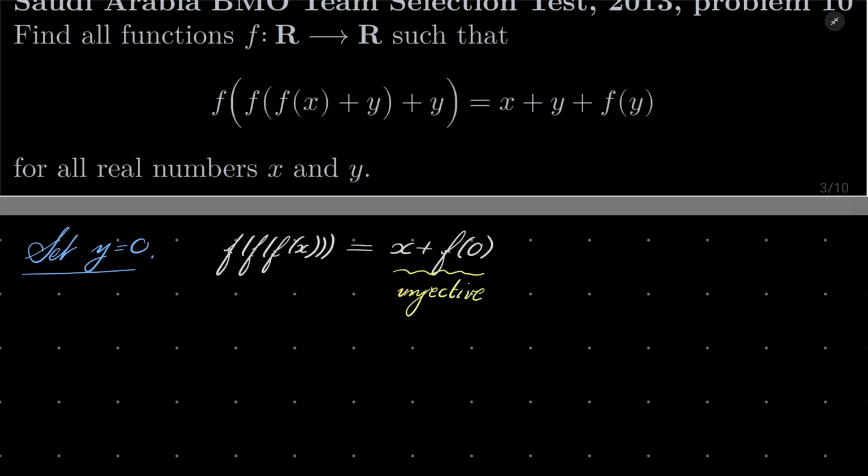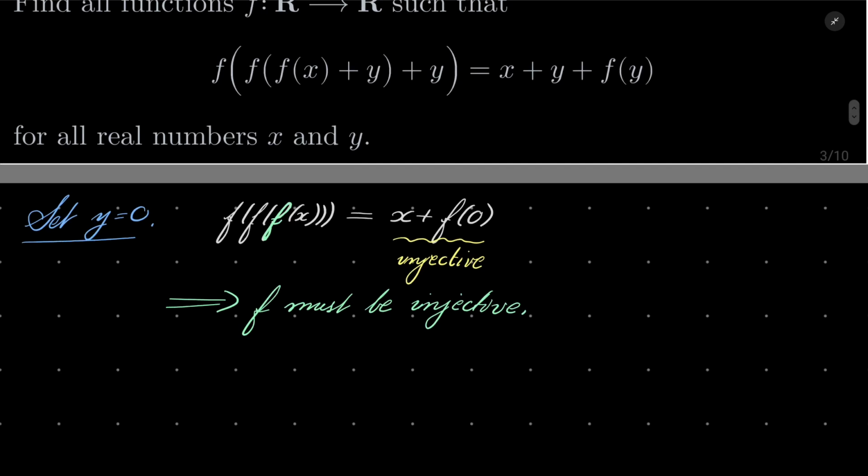But on the left hand side we have a composition, and the innermost function is f. So this function f must be injective as well. In fact, it must be bijective, but we will only need injectivity.